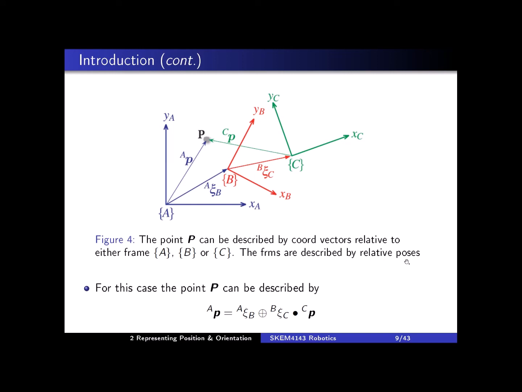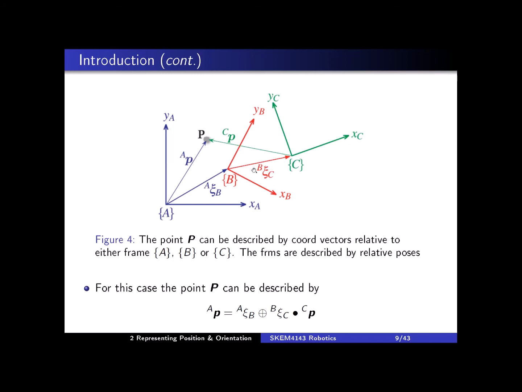Here we have three coordinate frames: A, B, and C. The pose of C with respect to B is given by the label ξ^B_C.